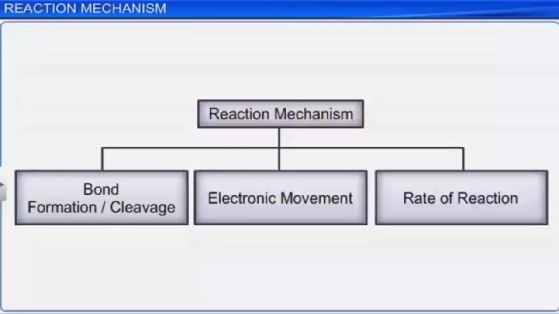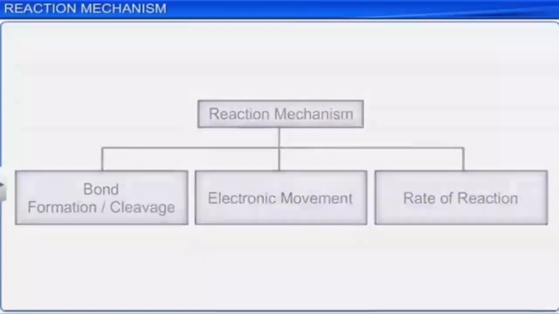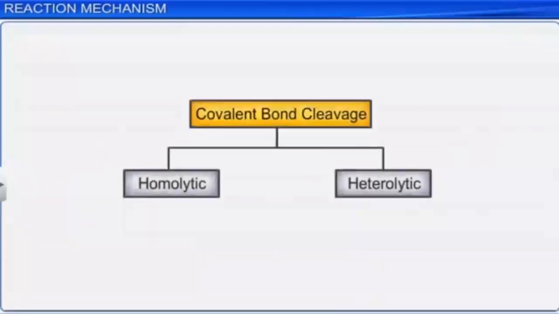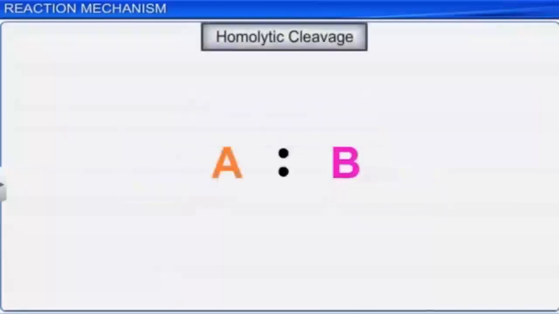Let's study each step in detail. A covalent bond can get cleaved either by homolytic cleavage or by heterolytic cleavage. In homolytic cleavage, a bond breaks equally in such a way that each atom gets one electron of the shared pair.